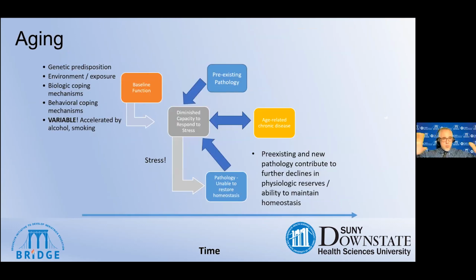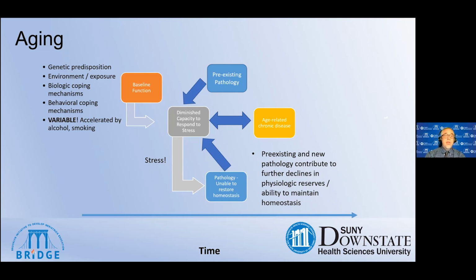So this is one possible explanatory model that I'm going to posit, which has us moving along the axis of time with pre-existing physiologic reserves across our organ systems, combined with genetic predisposition, our life's environment and occupational and other exposures, our biologic and psychological coping mechanisms, and our behavioral coping mechanisms.